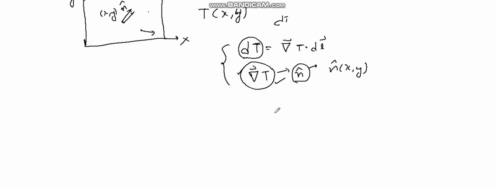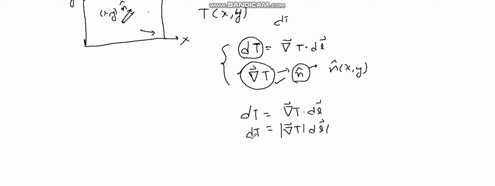And one more thing that I can also mention over here, this dT is the del of T, not dl. So if you write it in the magnitude form, it will look like this. And cos theta, let's say cos theta is 1. So this is our old familiar formula.